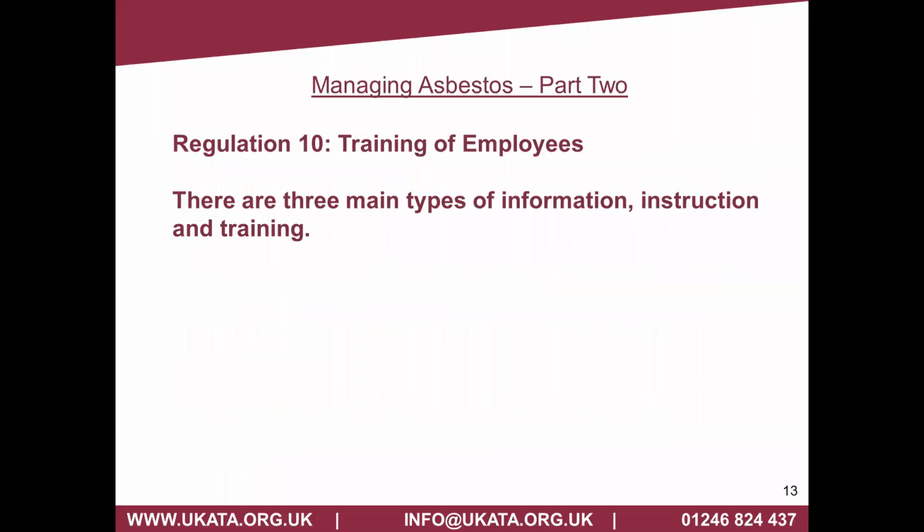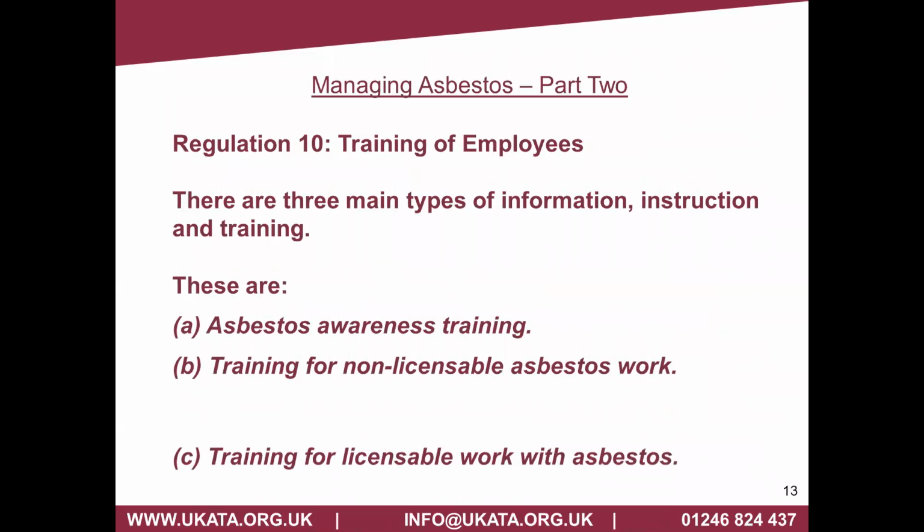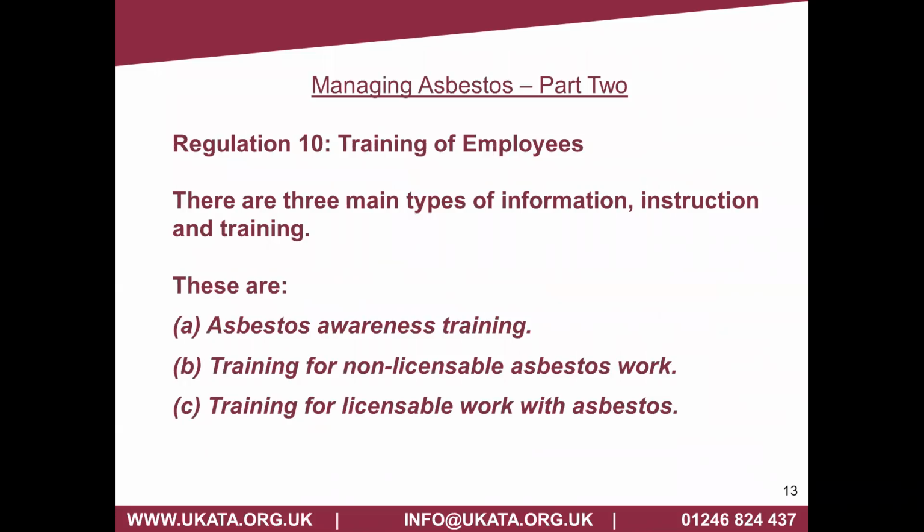Remembering one thing, the training of employees, there are 3 types of training courses stated in the regulations. The first one is asbestos awareness. Just to remind everybody, asbestos awareness does not enable anybody to work with asbestos. That is purely, as it is stated, an awareness.